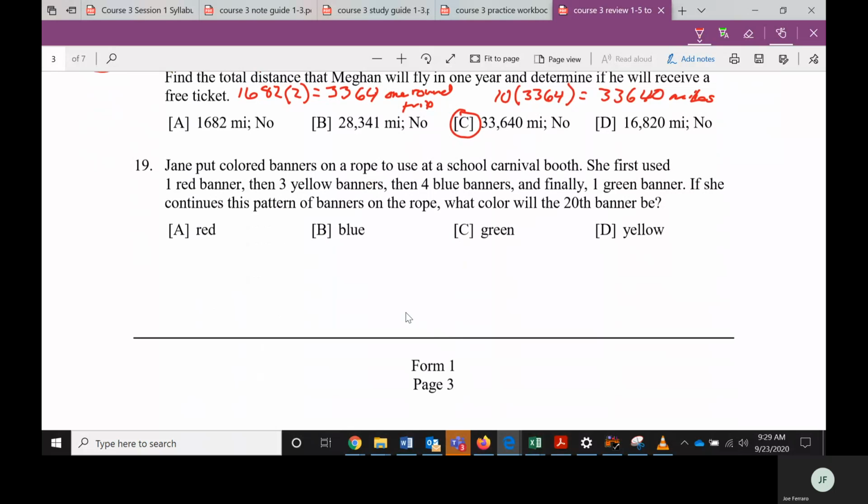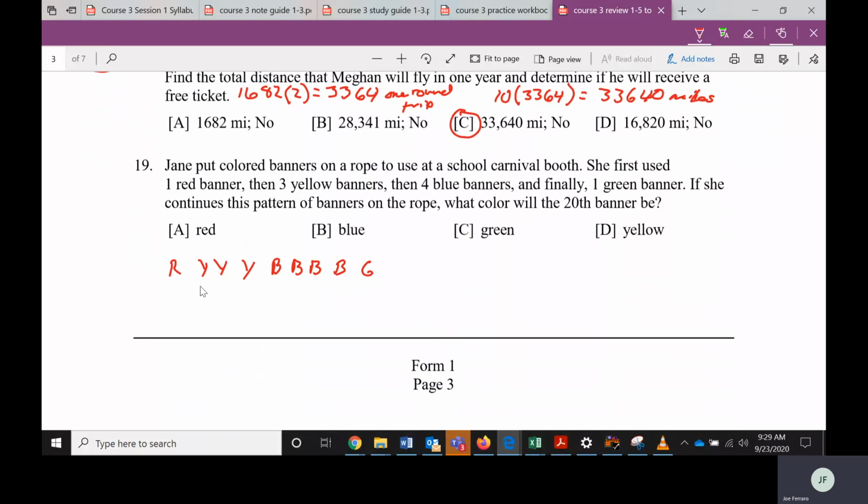Okay, so let's look here. So she uses 1 red, and then yellow, yellow, yellow, and then blue, blue, blue, blue, and then a green.